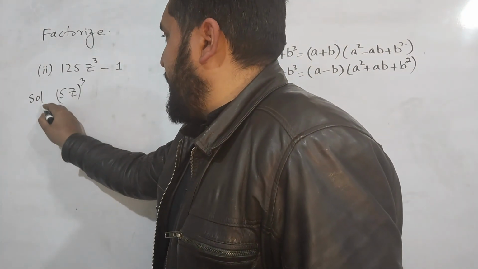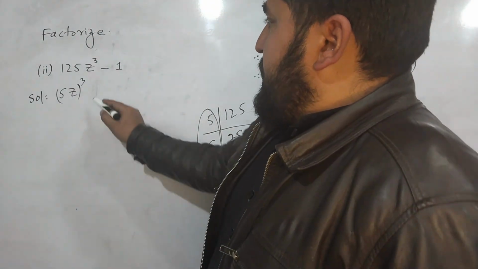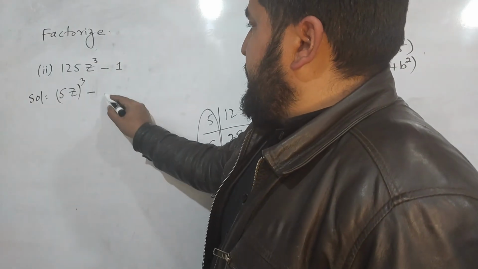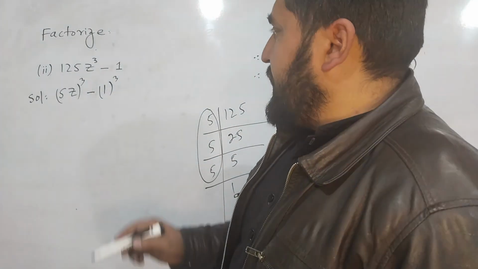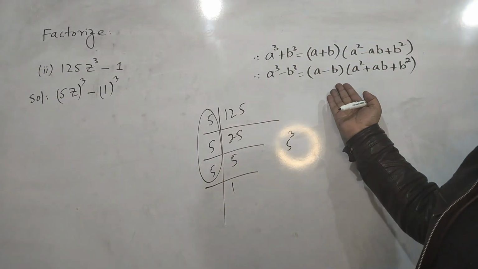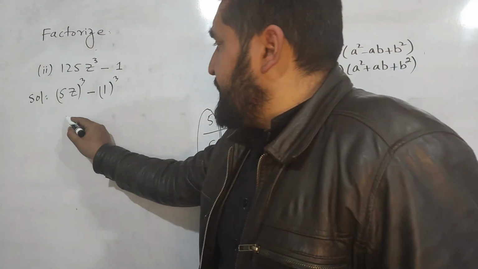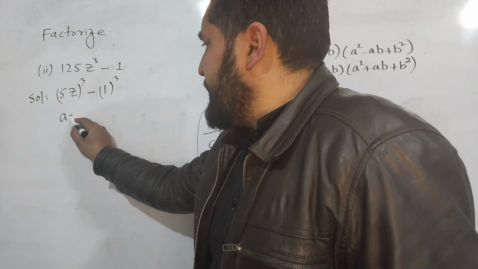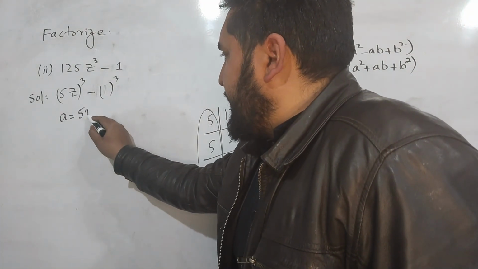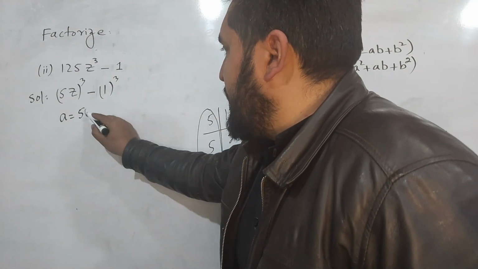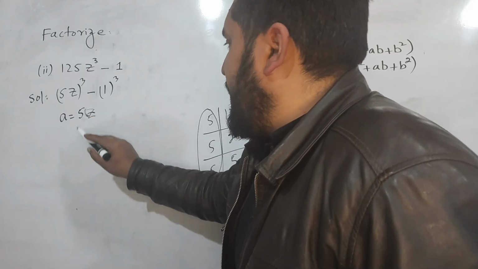So our solution is like minus 1 whole cube, which means 1. So now we use this identity. Here first we identify what our a is. Our a is 5z.